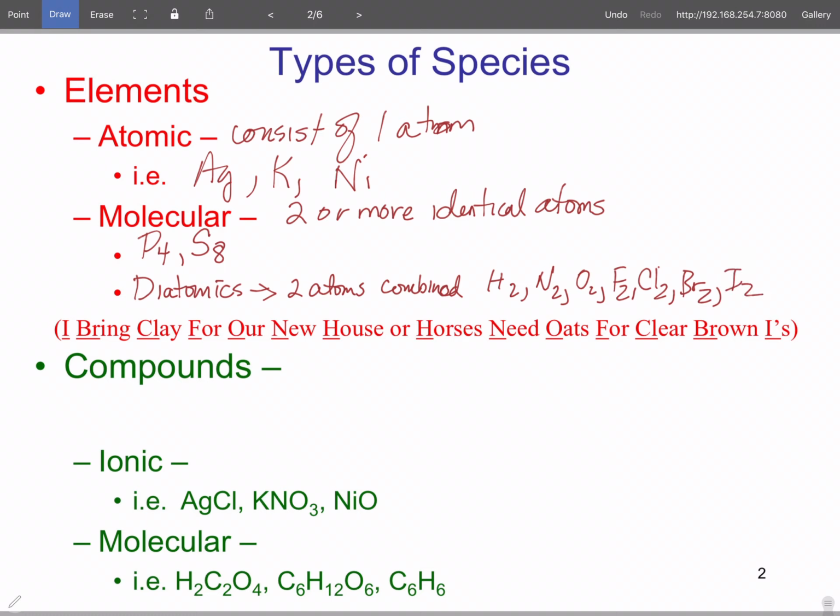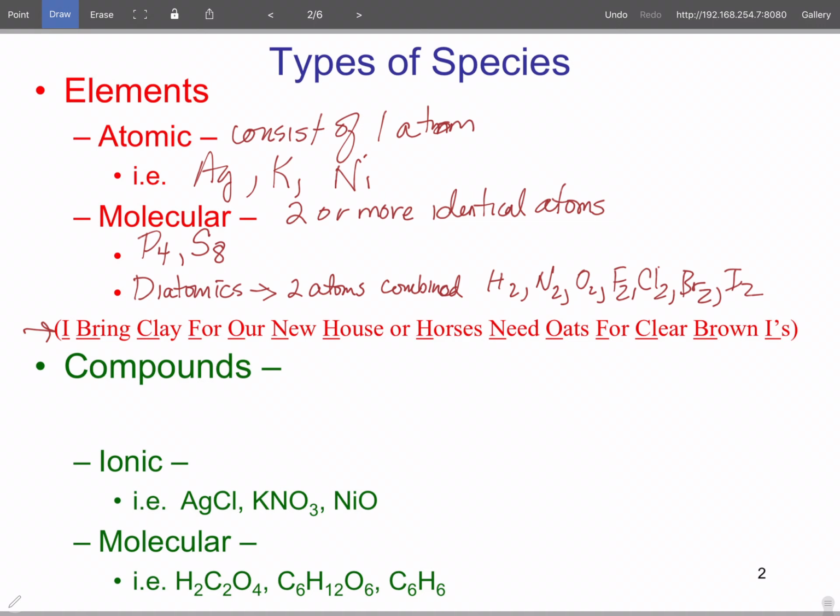Now, there are a couple ways to remember these. I put hydrogen over nitrogen and walk it around. But two mnemonics are I bring clay for our new house, or horses need oats for clear brown eyes. This is ways you can remember the diatomics.